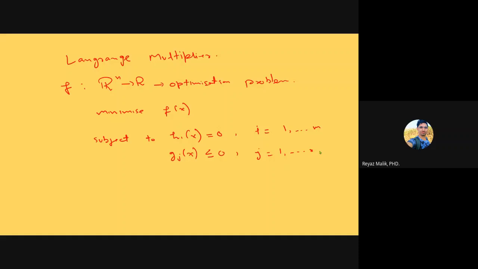So the definition for that will be the definition of the Lagrangian, the Lagrangian function L. Let's write it here.